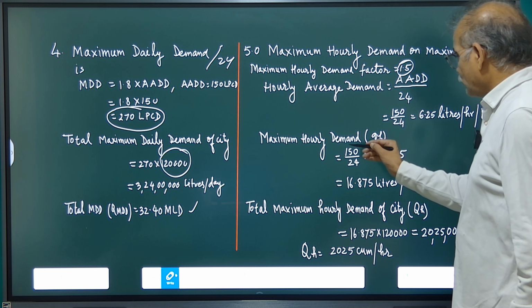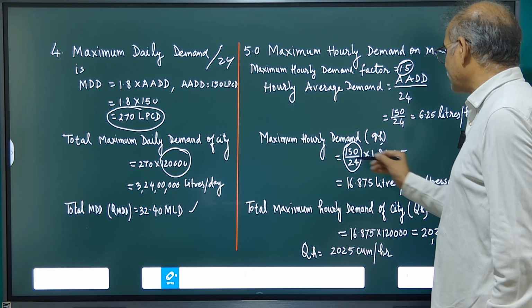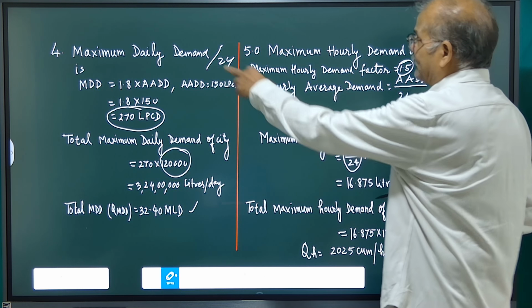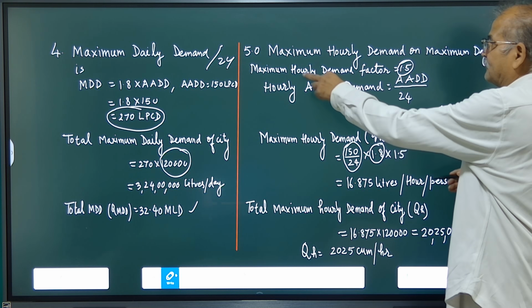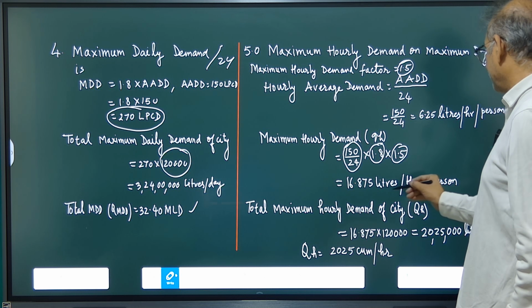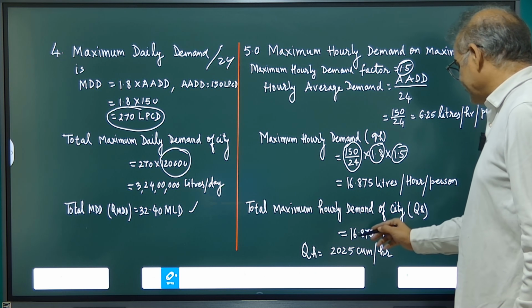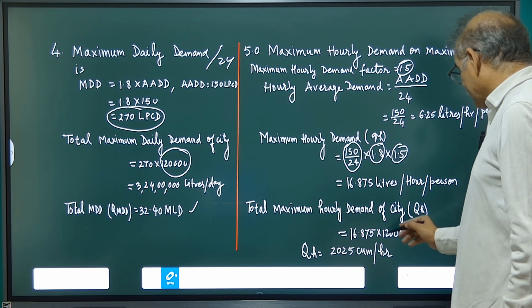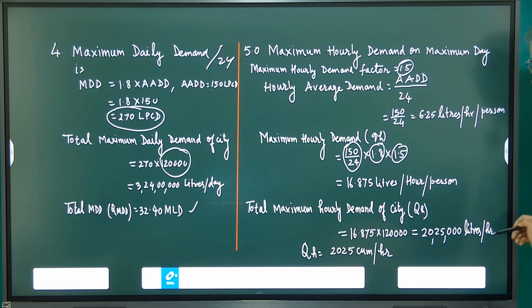We can see here 150 liter per capita per day is annual average daily demand divided by 24, and then multiply by the maximum daily demand factor 1.8, and then again multiply by the maximum hourly demand factor 1.5, we get 16.875 liters per hour per person. Total maximum hourly demand of city, 16.875 into 1,20,000, we get 20 lakhs 25,000 liters per hour. So that is 2025 cubic meter per hour.